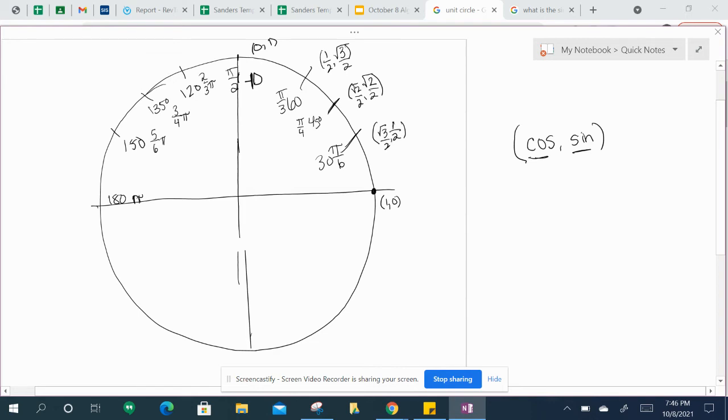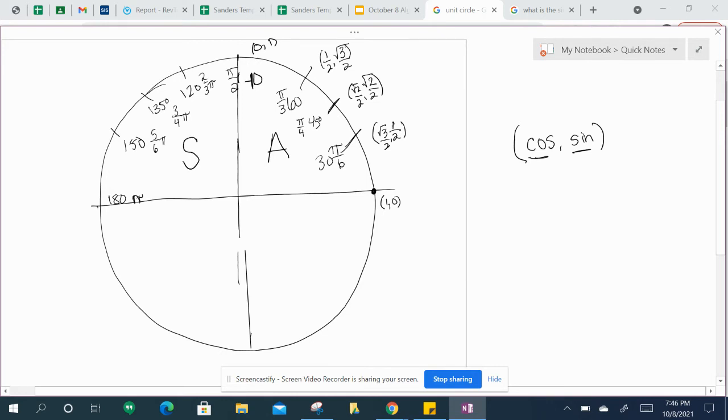Now, this same pattern is going to work all the way around the unit circle. The only difference is when you look at the unit circle, we've got positive and negative x values, positive and negative y values. And so we find that everything is positive in this first quadrant. So that's why the A is there, because all of them are positive.